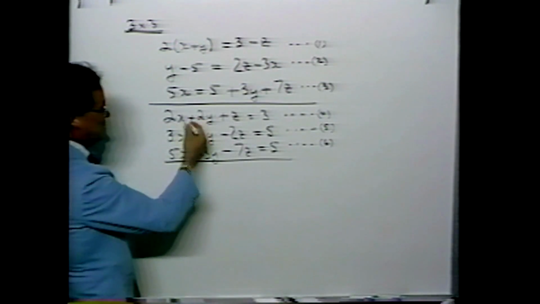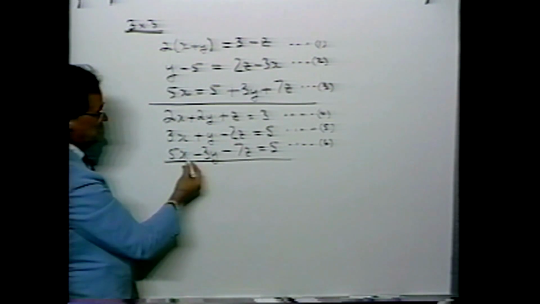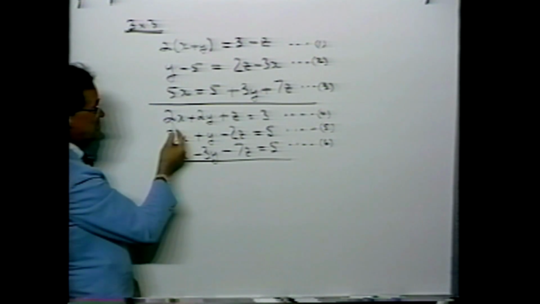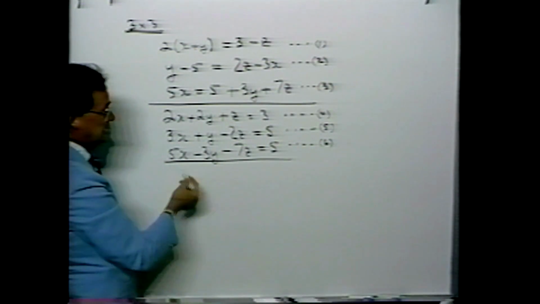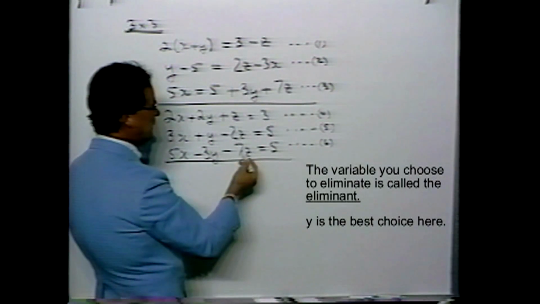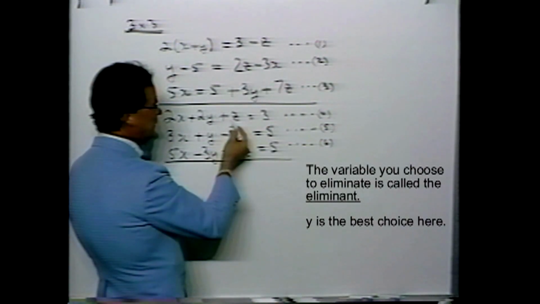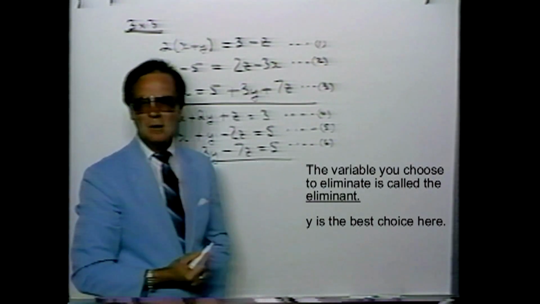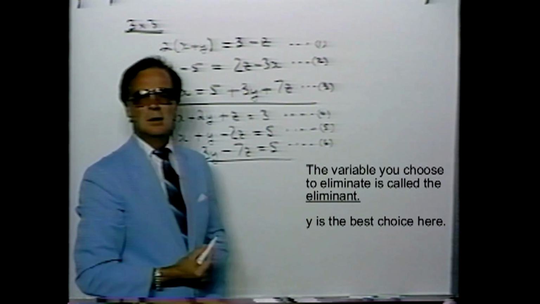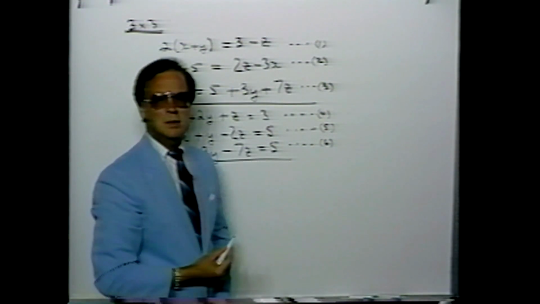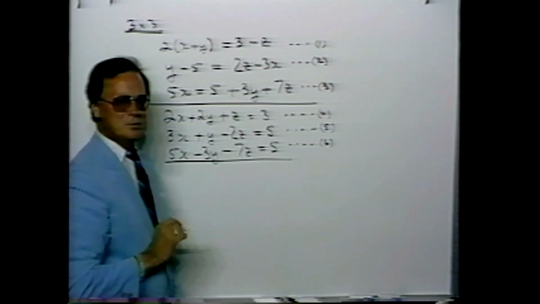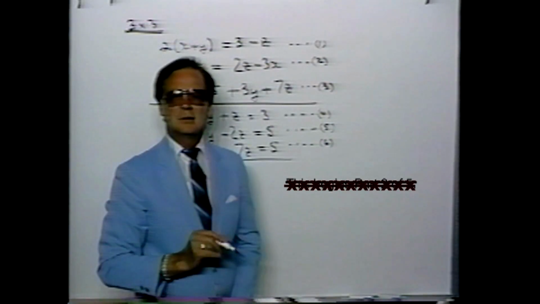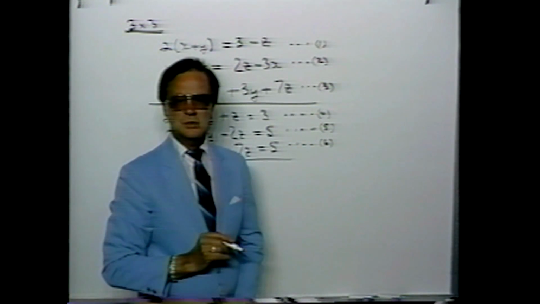If we look at x and we want it to be the eliminant, we look at the coefficients and notice that the coefficients involved are 2, 3, and 5. And finally in z, the coefficients are 1, 2, and 7. It seems the simplest combination of coefficients are those belonging to the y variable. It would be wise, therefore, to choose the variable y as the first eliminant.